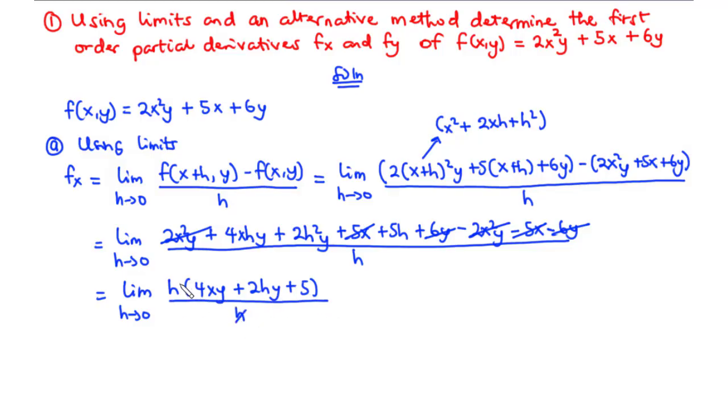So h cancels out h. At this point you can do direct substitution of h. So we have 4xy plus 2 times 0 times y plus 5, and that is equal to 4xy plus 5.